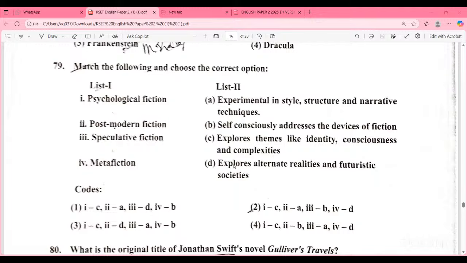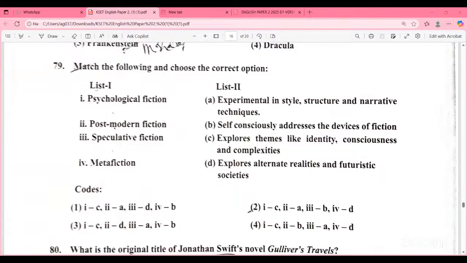Speculative fiction explores alternate realities and futuristic societies. And metafiction self-consciously addresses the devices of fiction. So 1C, 2A, 3D, 4B. So here option 1 will be the correct answer.